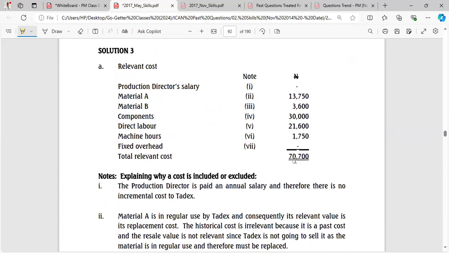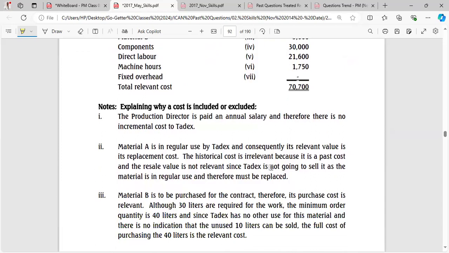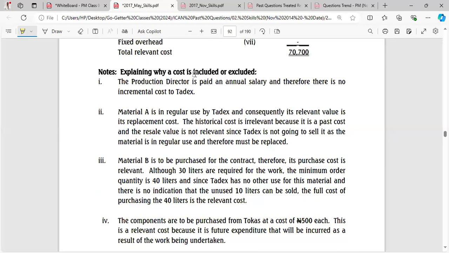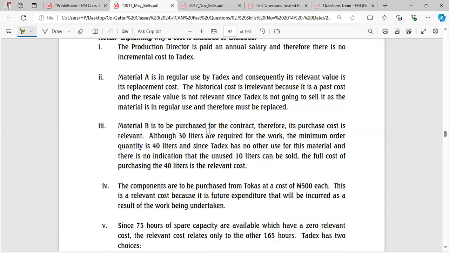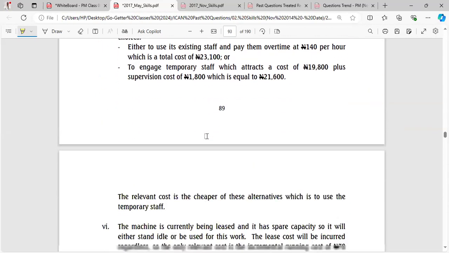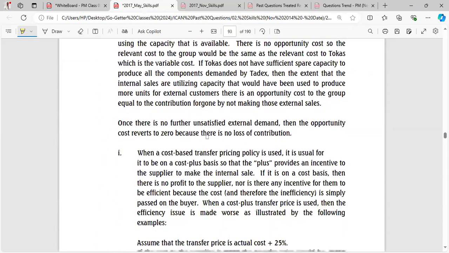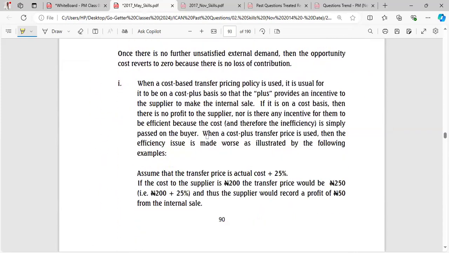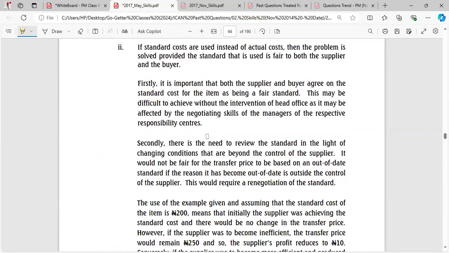You see here we got the same thing like they did. Okay, 70,700. All right, explaining why the cost is excluded. Talked about all this, so this is your explanation. Let's go straight to the other question.